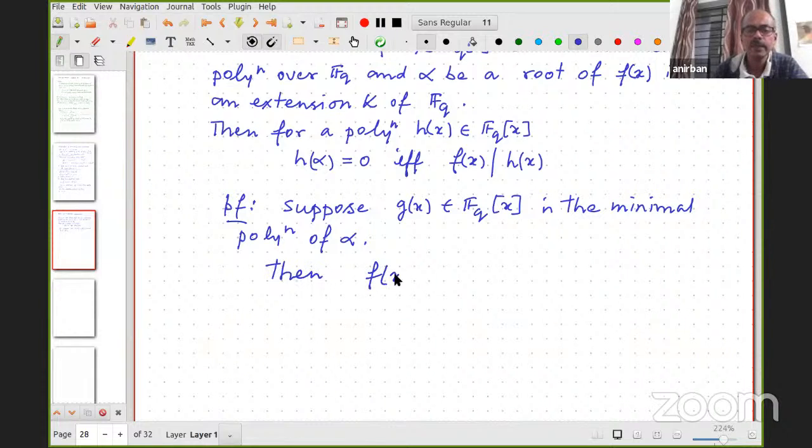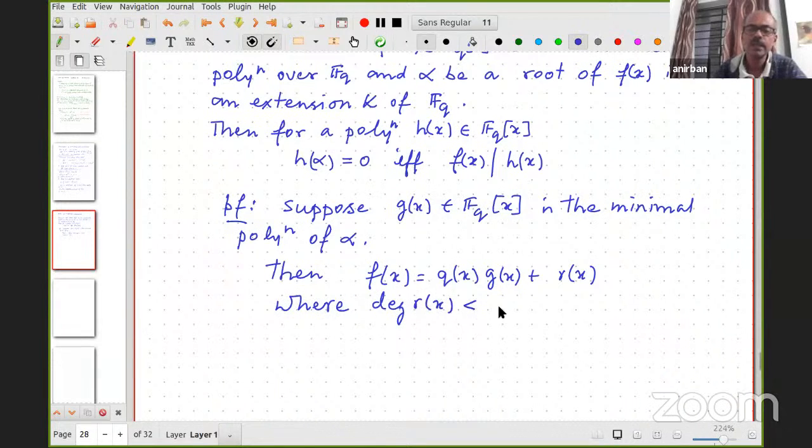And then f(x) can be divided by g(x), and by the Euclidean algorithm you would get some r(x), where the degree of r(x) is strictly less than the degree of g(x), the polynomial you are dividing with.